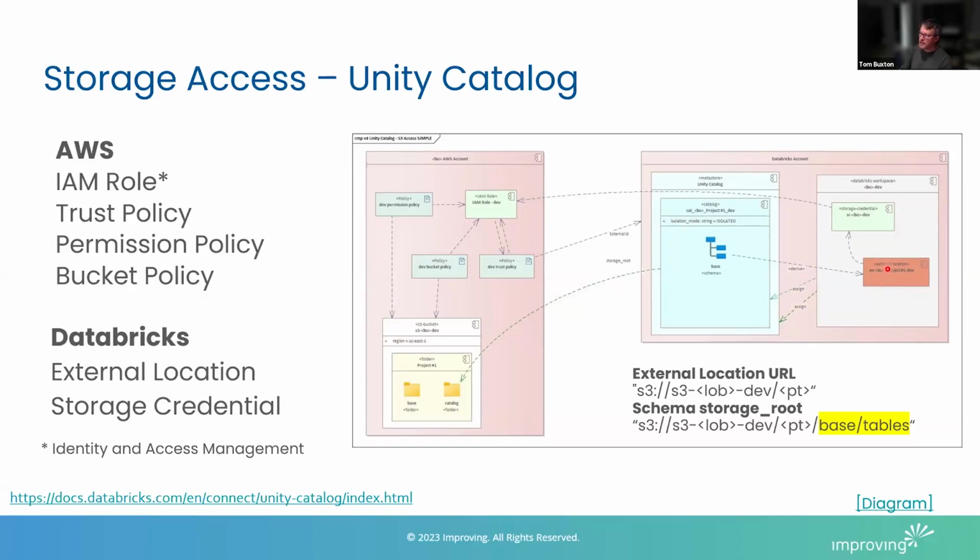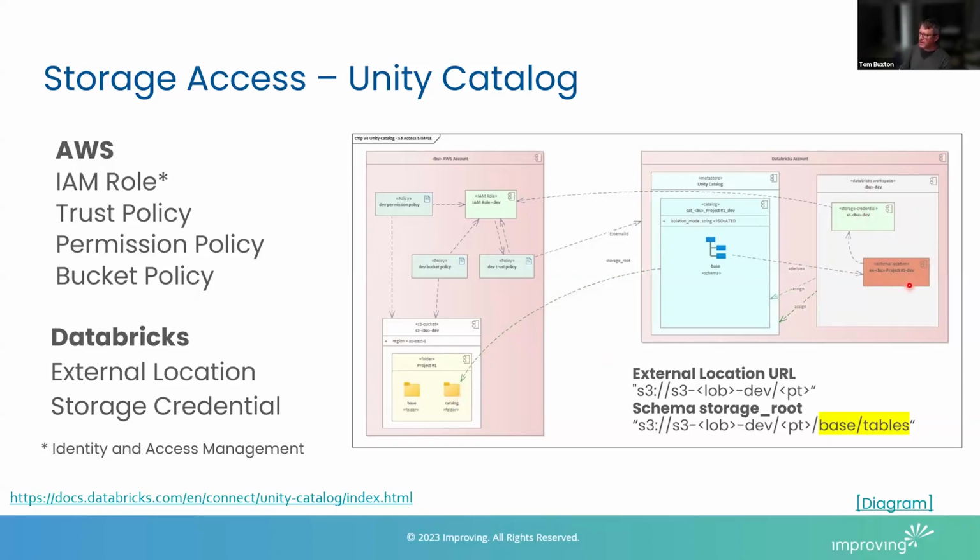But at this level, I'm just showing them within the workspace because that's effectively how we interact with them within Databricks. And the way this works is the storage credential references the IAM role within AWS, and the external location references both the storage credential for that access permission and also the path to the underlying folder.